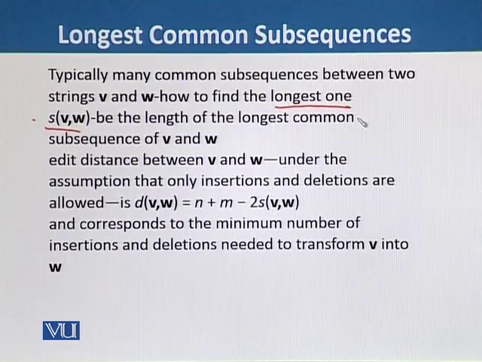If we let s(V,W) be the length of the longest common subsequence of V and W, then the edit distance between V and W, under the assumption that only insertions and deletions are allowed, that is d(V,W), should be equal to n plus m minus 2s(V,W), and that corresponds to the minimum number of insertions and deletions needed to transform V into W.